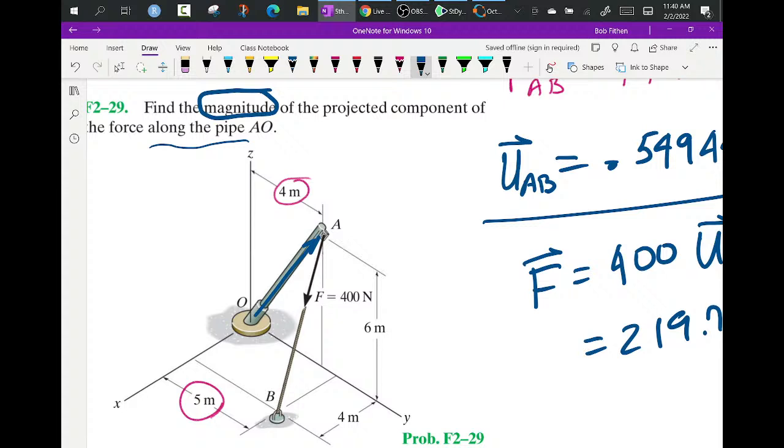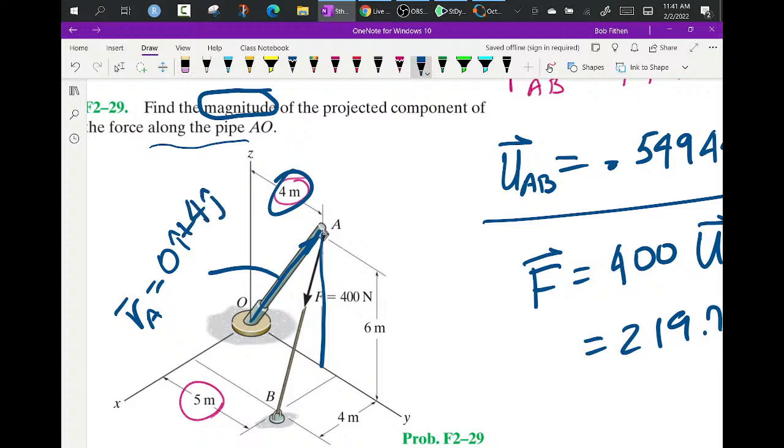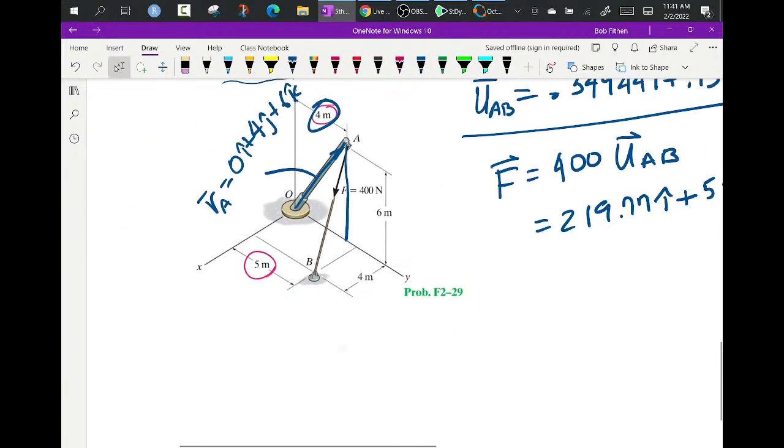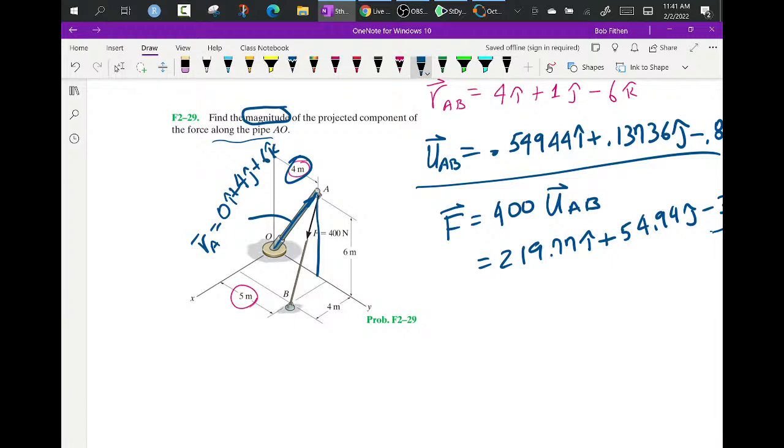What I do know is it appears to me, because he put this line vertical and touched the axis, that a vector drawn to A would go nowhere in the I, 4 in the J, and 6 in the K. If that's the case, and I think it is, then I know I have RA equal to 4J plus 6K.